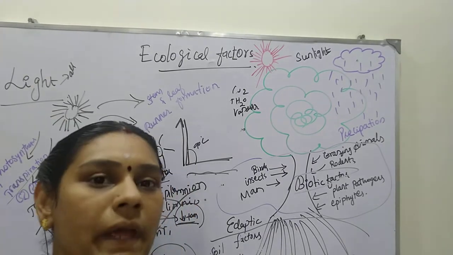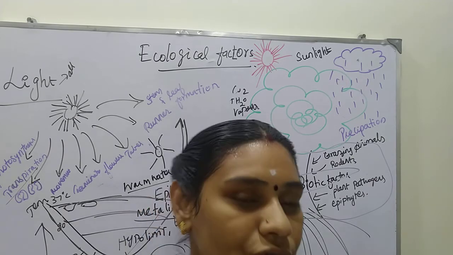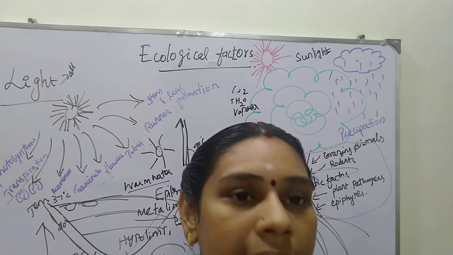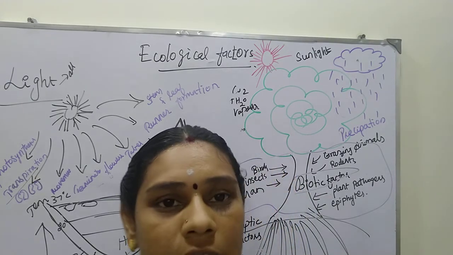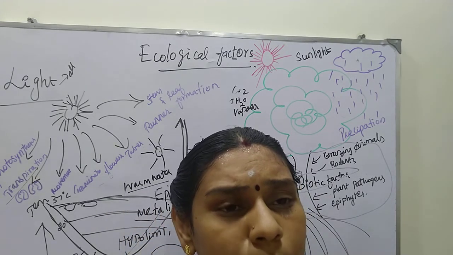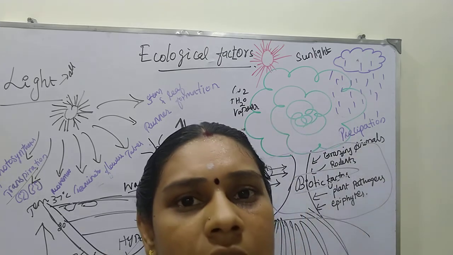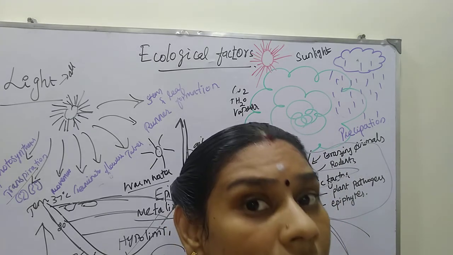And also you should know the effects of the temperature. If you are taking the high temperature, it affects the enzymatic actions of all chemical reactions in the plant body. So if the temperature is high, the plant body consisting of enzymes which are necessary for photosynthesis, transpiration, glycolysis, all kinds of biochemical reactions get affected due to the high temperature.